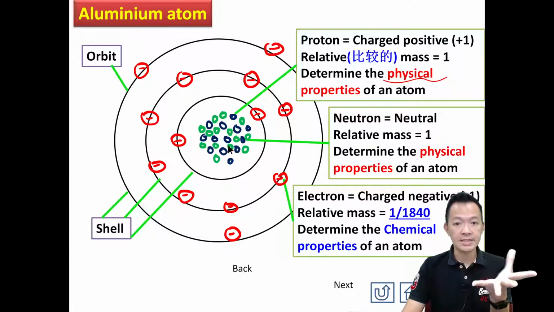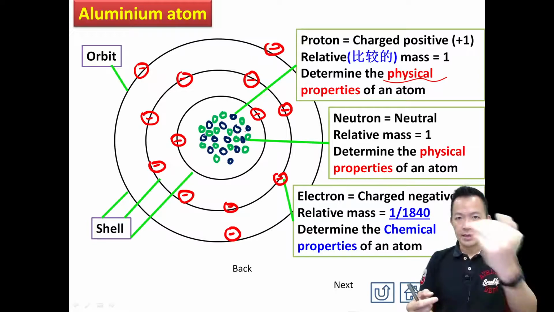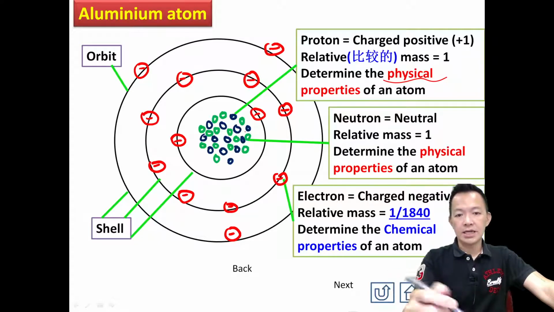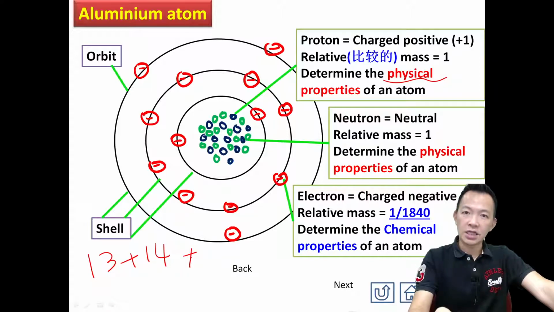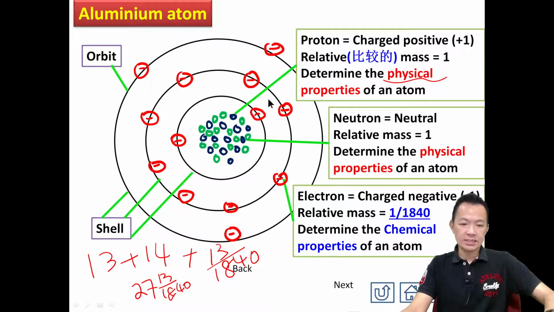And the 27 also means the atomic mass. Where does the mass come from? 13 plus 14, 27. But something funny happens: when I finish a class, some student walks to the front and says, teacher, aluminium has 13 protons plus 14 neutrons, 27, but it has 13 electrons, so 13 per 1840, so the total mass should be 27 and 13 over 1840, right? Yes, but you are wrong.